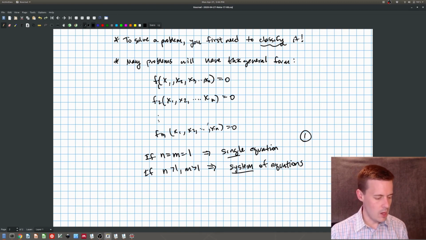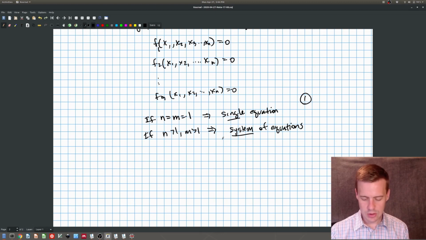Thing 2 has to do with independent versus coupled.